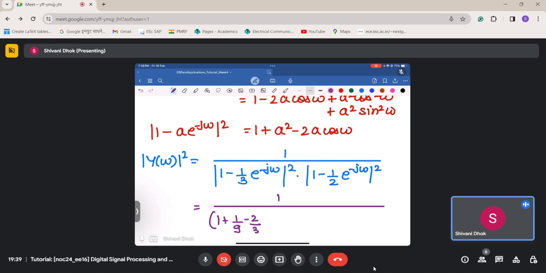So a is 1 by 3 into, for the other term, 1 plus a square here is 1 by 2 square, so 1 by 4, minus cos of omega. So this is my energy spectral density.